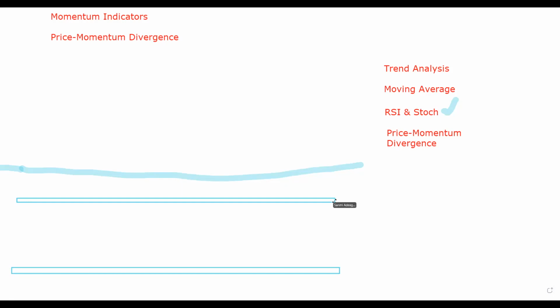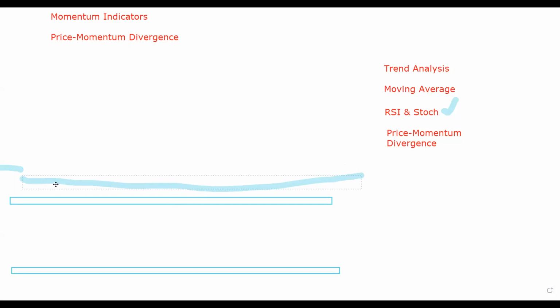The sizes are different. I'm not trying to draw them to scale, all right? I'm just trying to make an illustration. And then the price is up. So let's say this is what is demarcating the price.